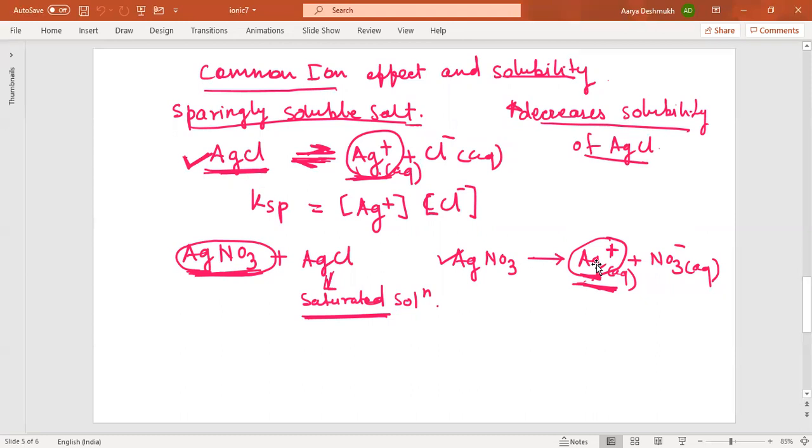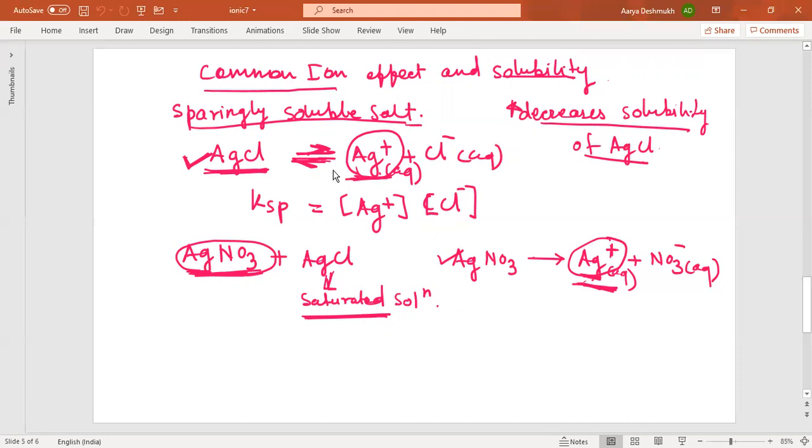It shifts the solubility equilibrium of silver chloride from right to left, and so the reverse reaction occurs, in which the silver chloride precipitates. So instead of the reaction going in the forward direction, it shifts the solubility equilibrium to the left, and the solubility of the sparingly soluble compound decreases with the presence of the common ion.